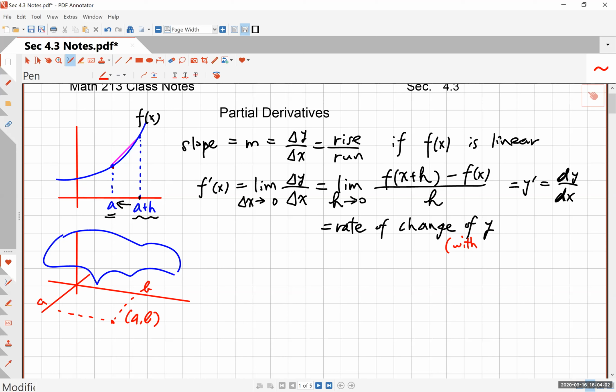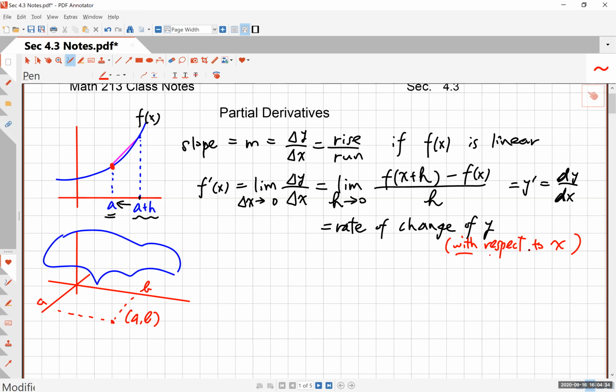What we are saying is, if f prime of a is 5, right at this point where x is equal to a, the rate of change is 5. And what that means is, this will be increasing at the rate of 5 units as x increases by 1, okay? That's the whole idea. So we say with respect to x. It's the rate of change of f of x or y with respect to x.